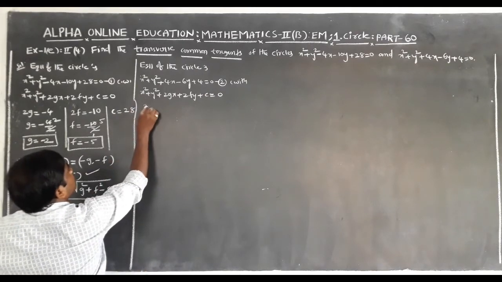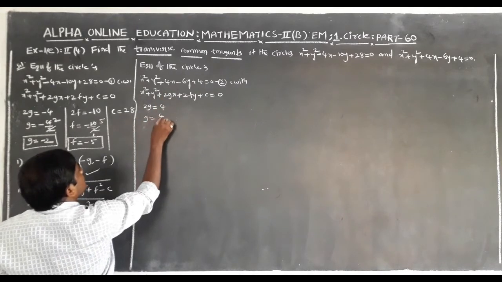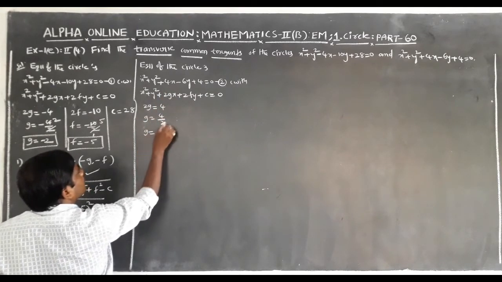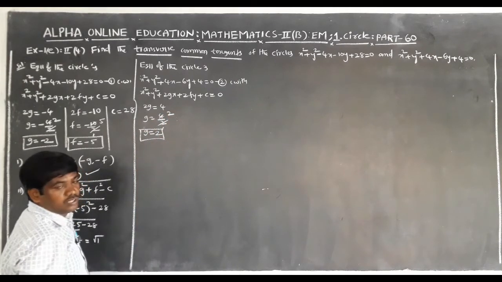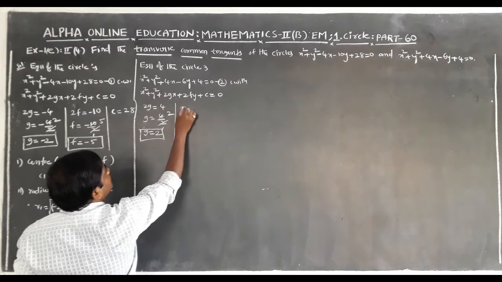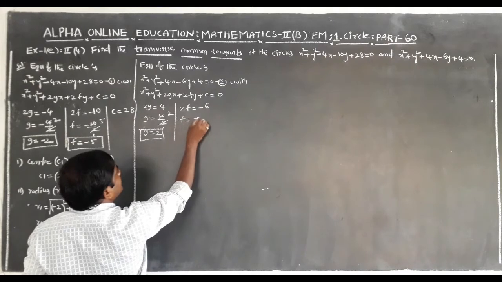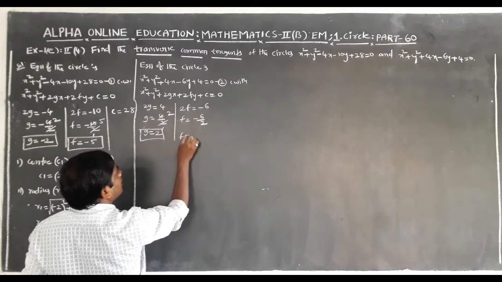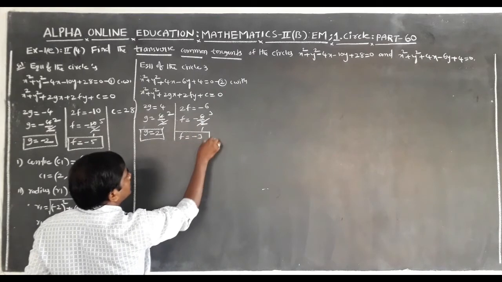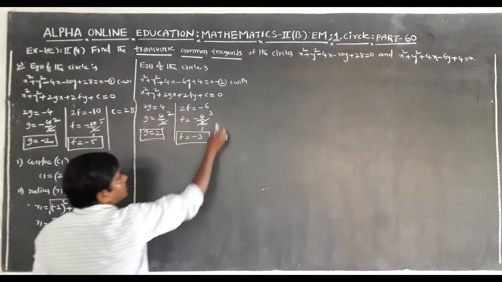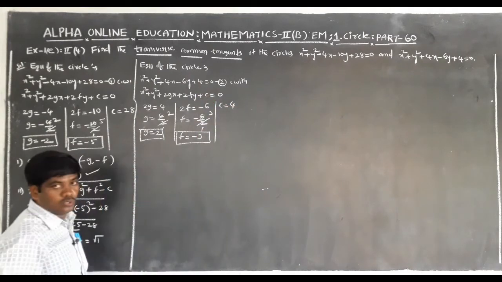Here 2g is equal to 4, so g is equal to 2. 2f is equal to −6, so f is equal to −3. Constant c is equal to 4.